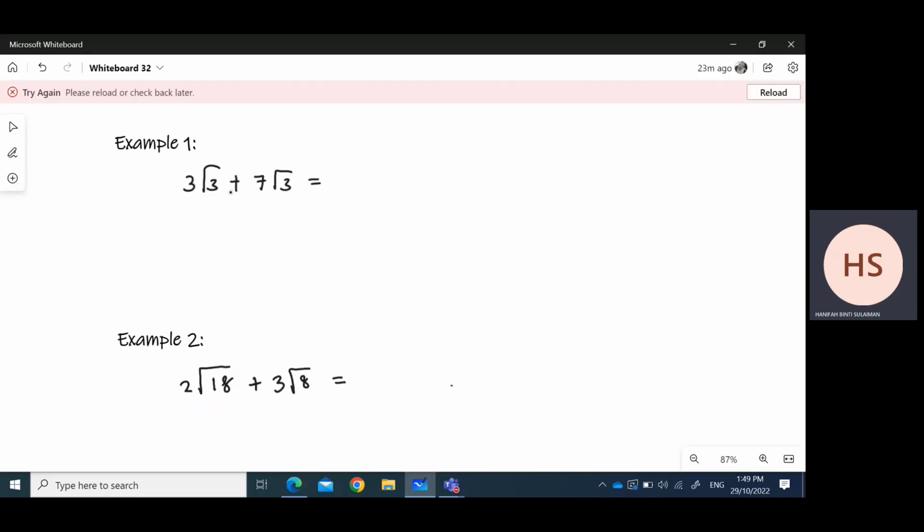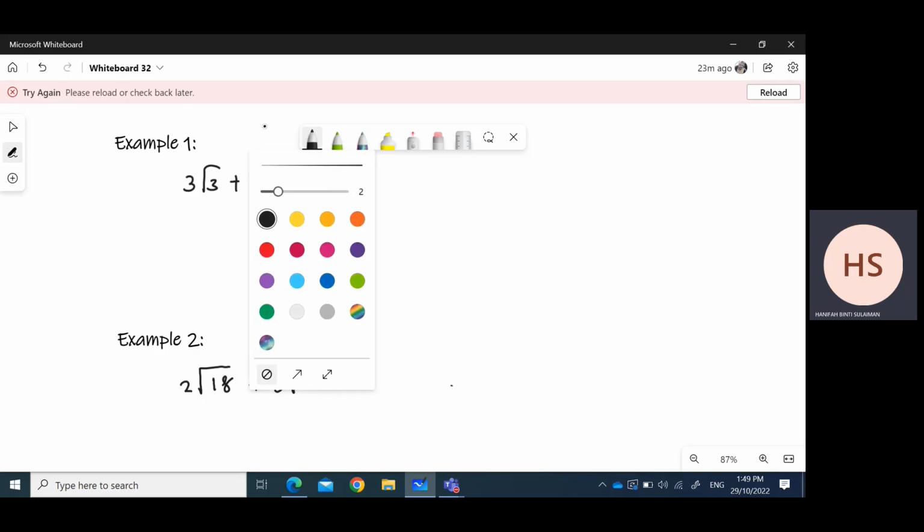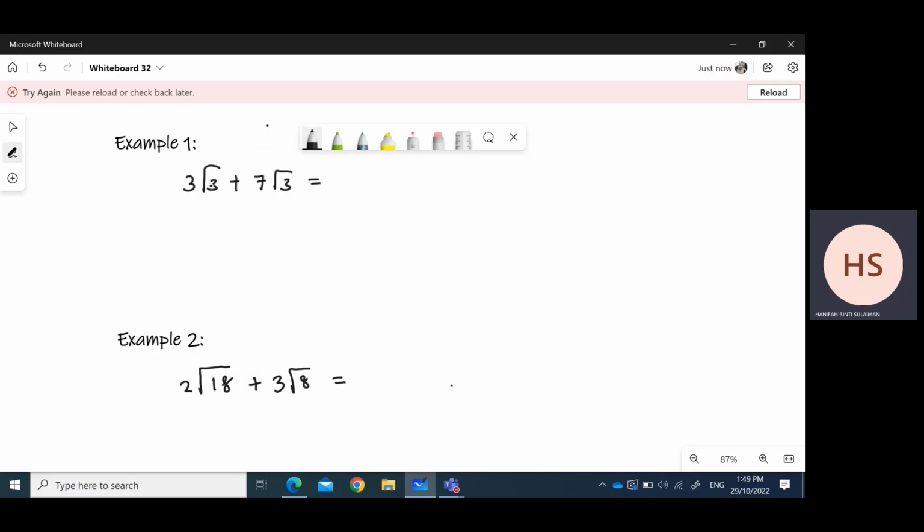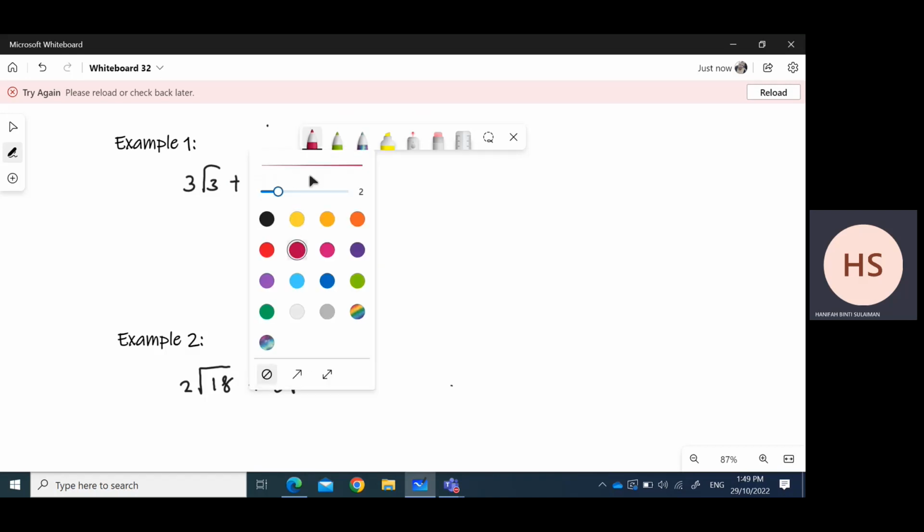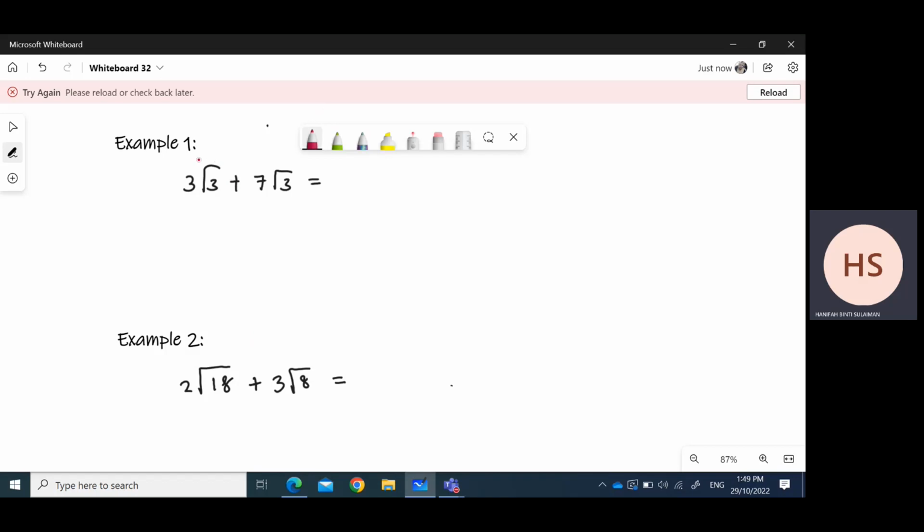Okay, so look at example 1. In this example, we have this equation, which is 3 square root of 3 plus 7 square root of 3. For this kind of radical, we can solve it because here we have the same radical, which is square root of 3, and on the other side we have square root of 3 also.